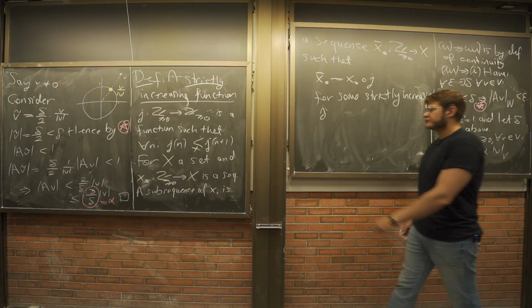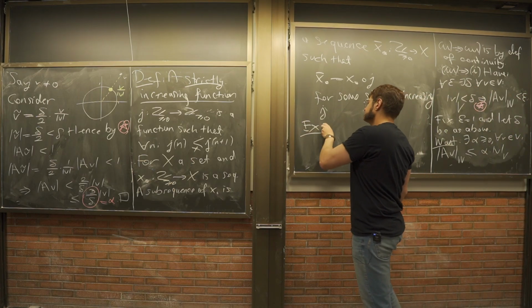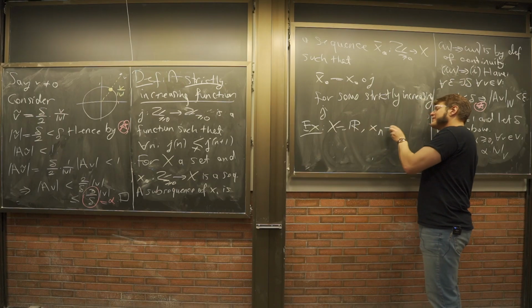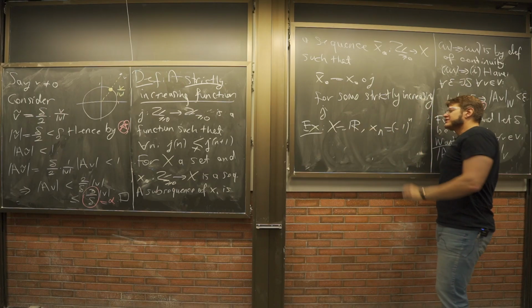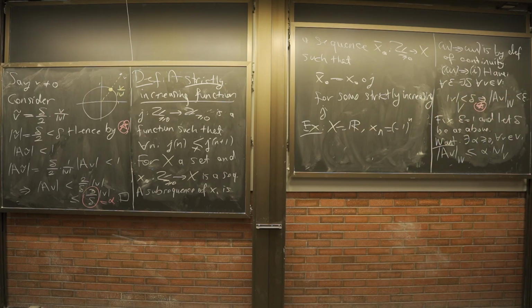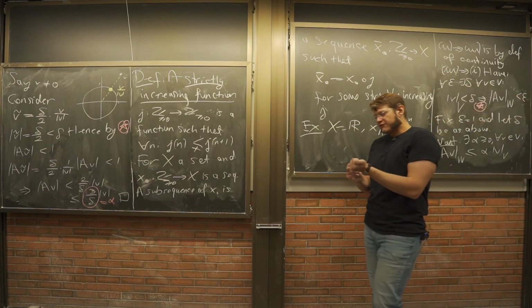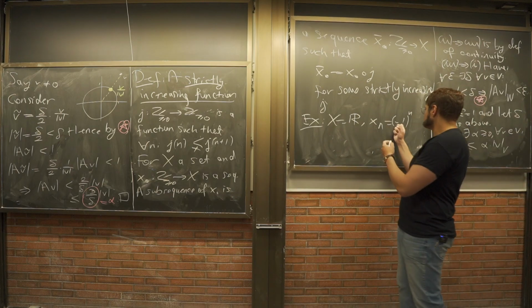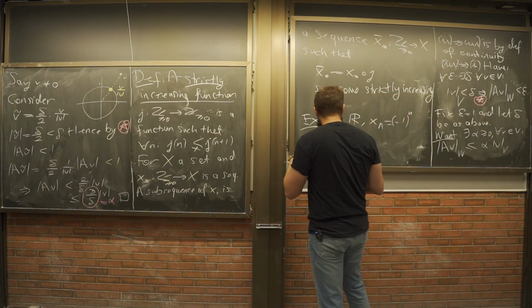Standard example, of course. X sub n, let's say, is -1 to the n. So this is an oscillating sequence. I'm sure you're familiar with this. If j of n is 2n, so if I'm doing double time, I'm getting rid of either minus or plus.